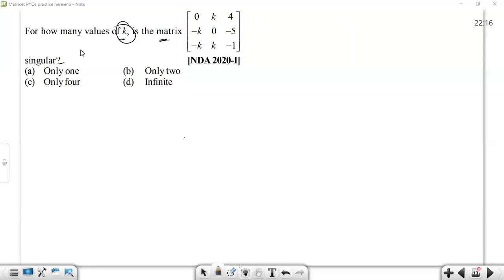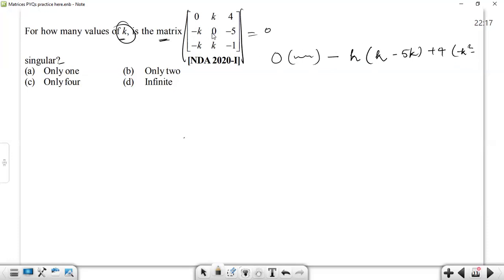We need to find the number of values that K can have. Its determinant is going to be 0. Expanding, a 0 term doesn't matter, it becomes 0. Minus K into minus K into minus 1 becomes K; minus 5 into minus K becomes plus 5K; plus 4 into minus K into K becomes minus K square; minus 0 into 0.